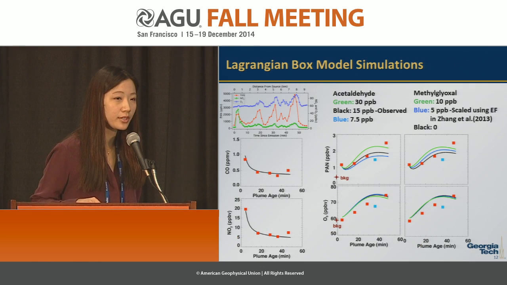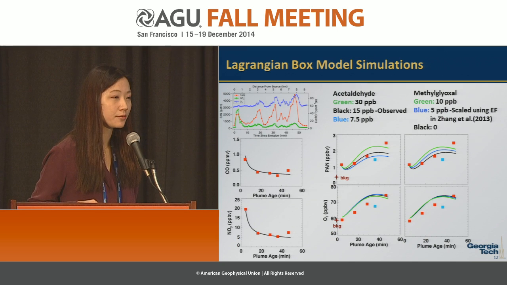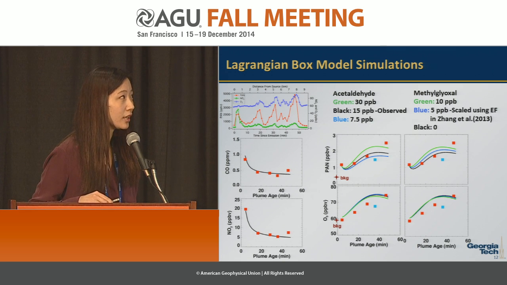To investigate the processes that led to the observed evolution, we employ a Lagrangian box model, which uses a GEOS-Chem chemical mechanism coupled with additional aromatic chemistry. Here are some preliminary results of a case study of the agricultural fire sampled on September 11th. This case exemplifies one of the best transects that captured beautiful downwind evolution.